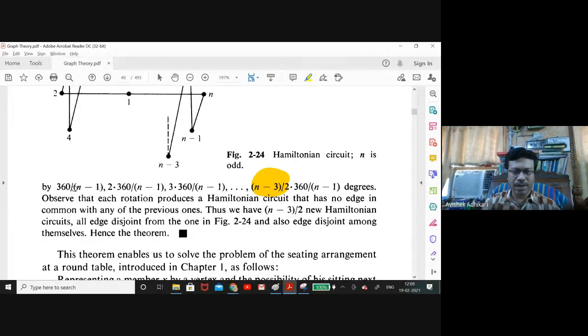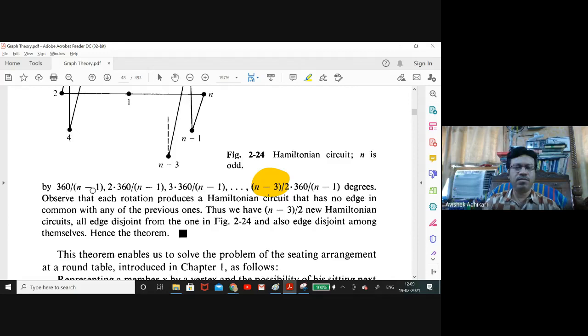In my last class for the 9 case, it was 360 divided by 8. Then you rotate it by 2 times 360 divided by 8, then rotate it by 3 times 360 divided by 8, and so on. It will continue till n minus 3 by 2 times 360 divided by that. So altogether, how many such will you have?